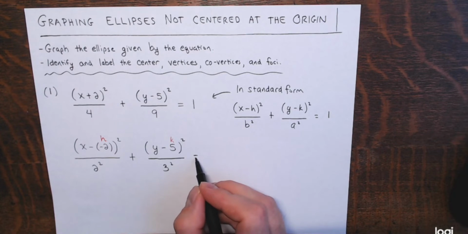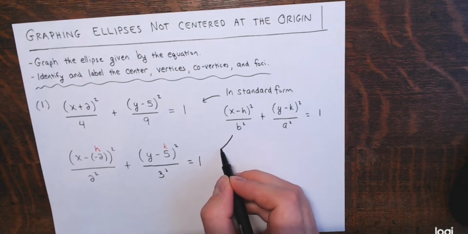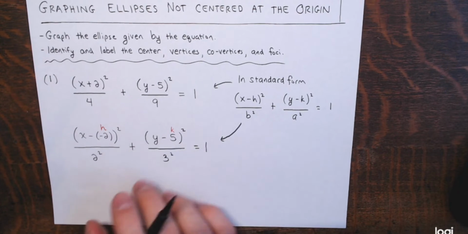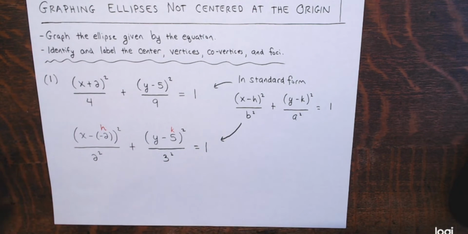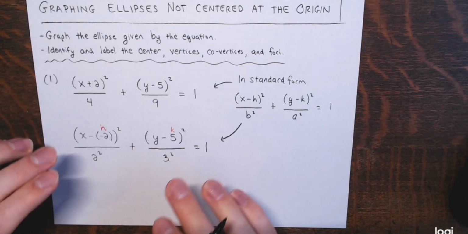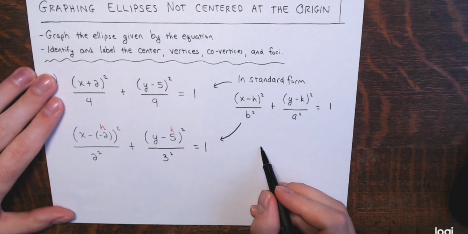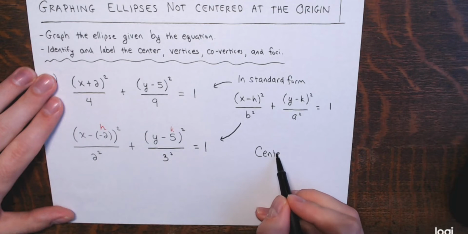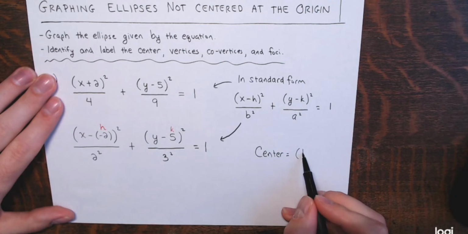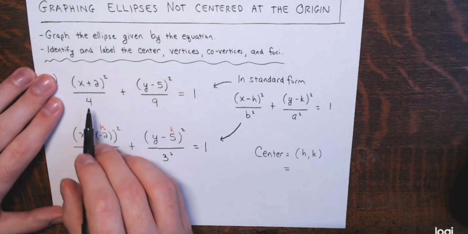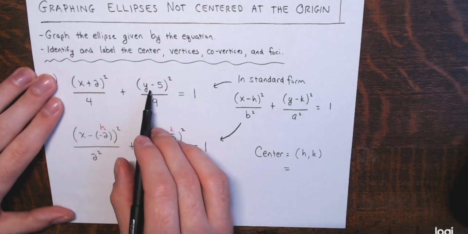If you want, you can put it in exactly the same look as the standard form from the text. Either way you look at it, we can pretty easily identify the center. The center of the ellipse, the point (h, k), is in this particular case negative 2 for the x coordinate and positive 5 for the y coordinate.